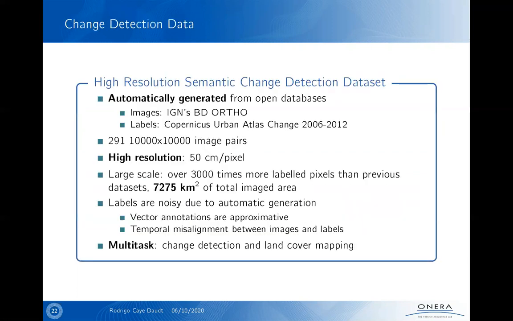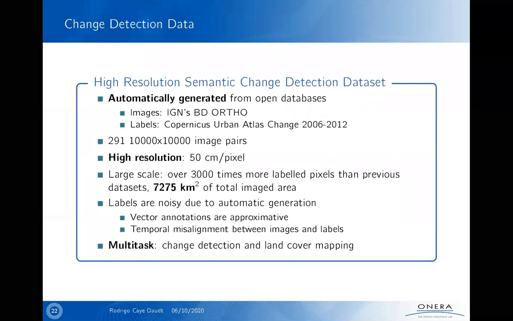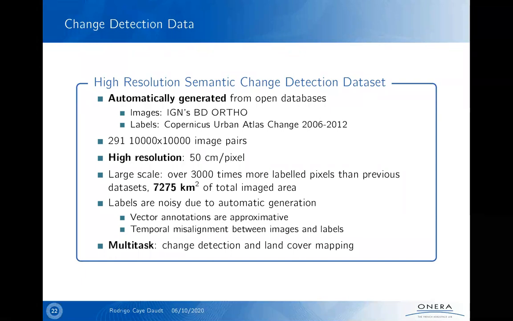For this, we created another data set that is much larger in scale. We combined two open data sets: IGN's BD-Ortho, which contains the images for several urban areas in France at this resolution, aerial images now and RGB.